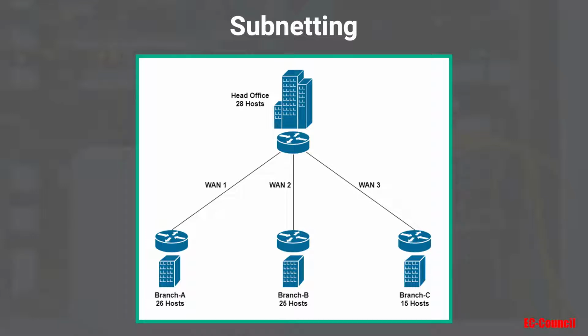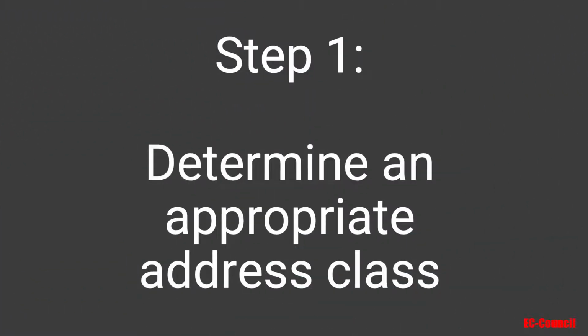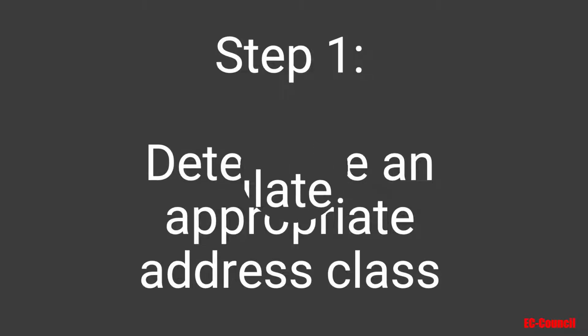So let's take a look at the different steps that we need to go through to simply ensure that we choose the most appropriate IP address block or the actual IP address class. Then we'll begin to subnet it, as in break it down. We'll create the ranges, and then we'll take a look at VLSM. So the very first step is to simply determine an appropriate address class for our network.